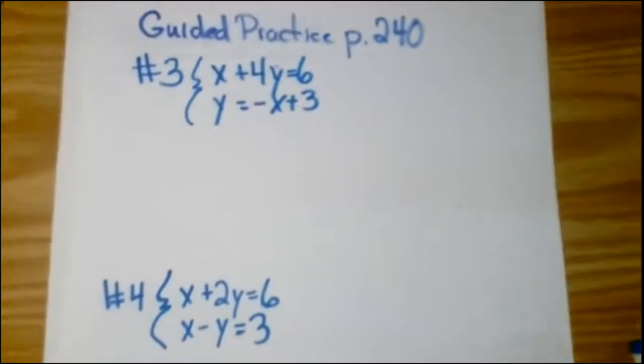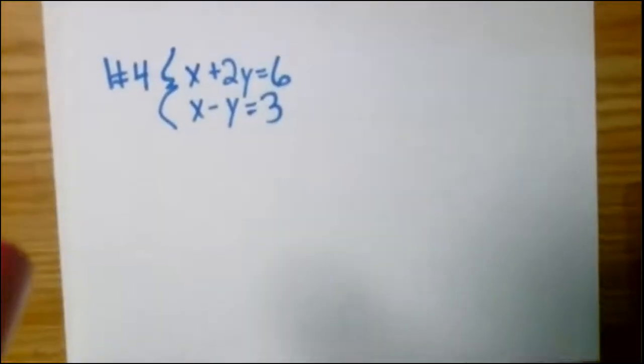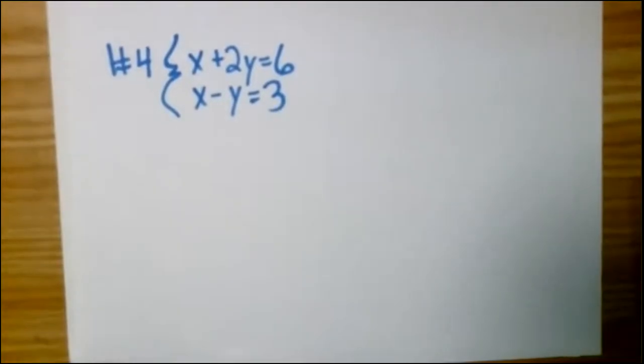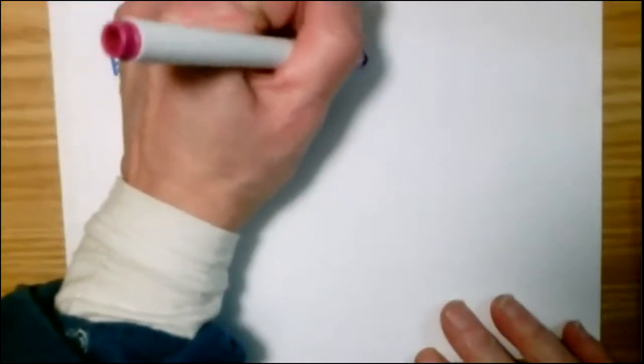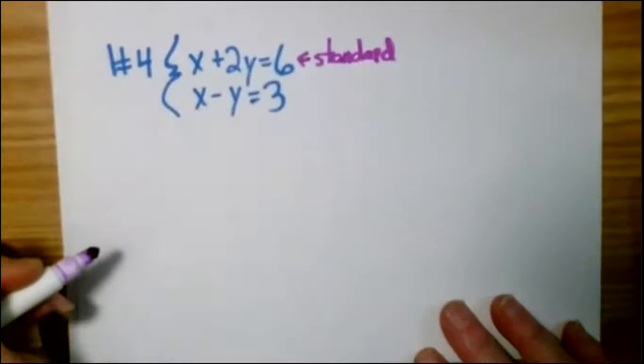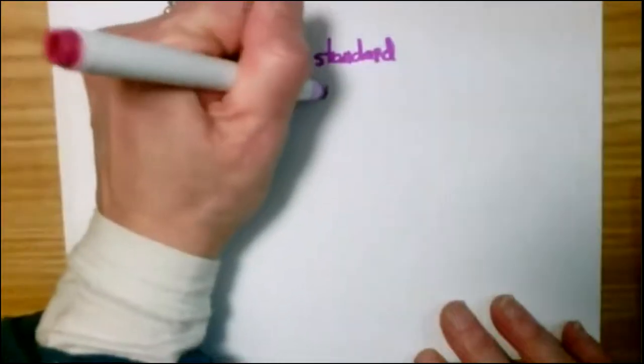So I'm going to go on to number 4, because number 4 is a little bit different. Not much, but just a little bit. Notice how we have standard form here, ax plus by equals c. We also have standard form here.